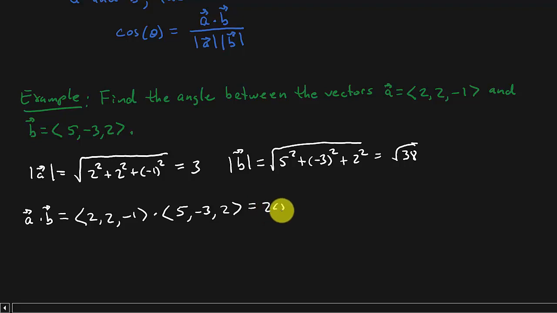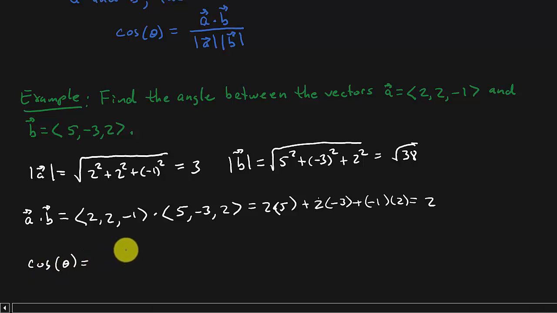So that's going to be 2 times 5 plus 2 times negative 3 plus negative 1 times 2. Let's see, 2, 5, 2, negative 3, and negative 1, 2. Just making sure I had everything written down right. And that equals 2.